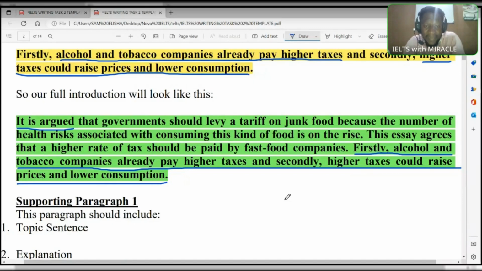Then in my second body paragraph, I will discuss that higher taxes could raise prices and lower consumption of junk food, thereby reducing the health risks associated with it. So I have not discussed it. I only stated it.